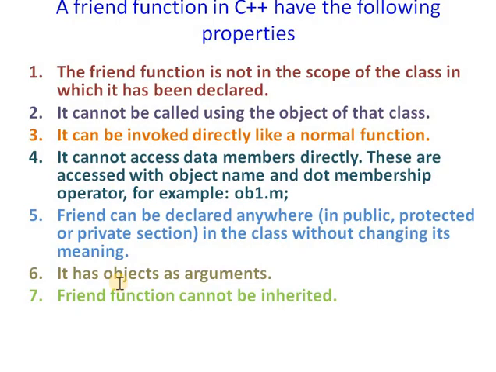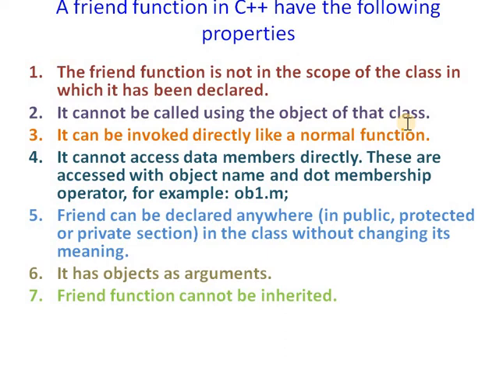There are some properties of friend functions. The friend function is not in the scope of the class in which it has been declared. It cannot be called using the object of that class.